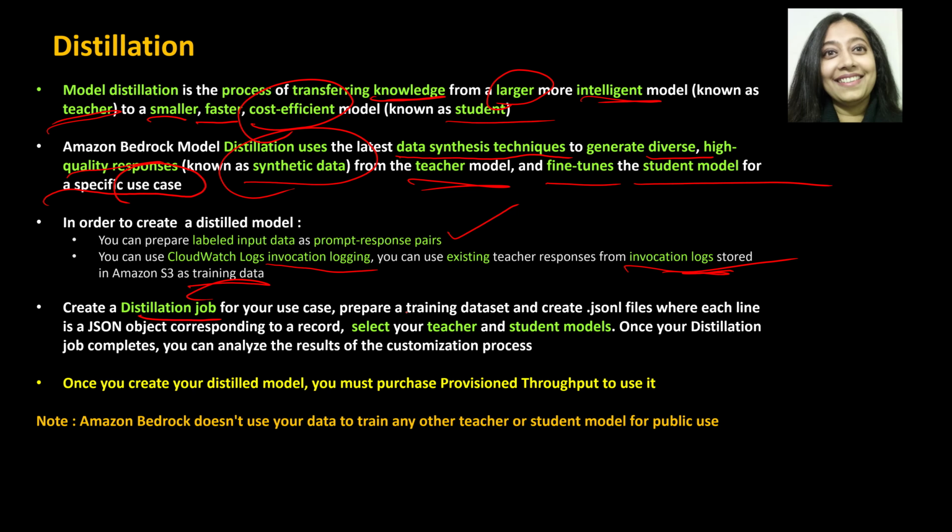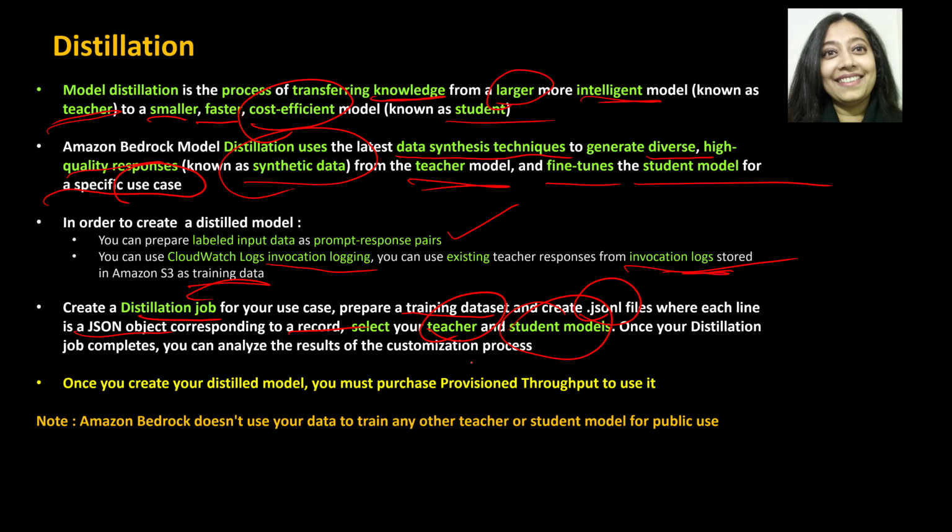Of course, you will have to prepare your training data set. You will have to create a .jsonl file, wherein each line is a JSON object representing a record. Finally, you'll have to select your teacher model, your student model, and then execute your distillation job.